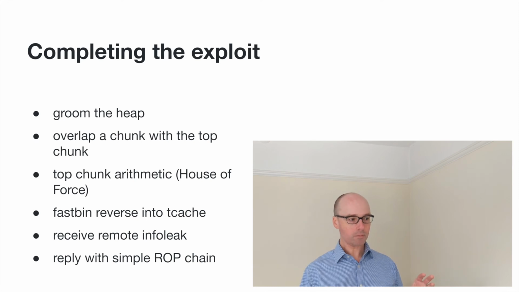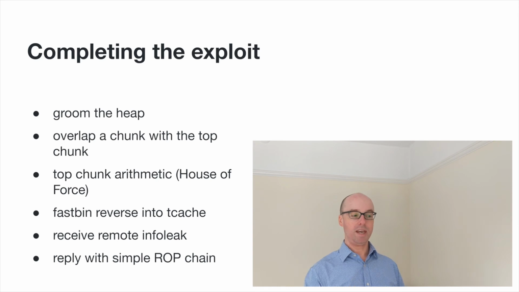Then I use the resizing chunks technique to create a chunk that overlaps with the top chunk. Then I use the local info leak in conjunction with the top chunk arithmetic technique to grab that stack pointer, subtract the offset from it, and then copy it to where I need it. Then I use the fastbin reverse into tcache technique to trigger the overwrite of the stack.